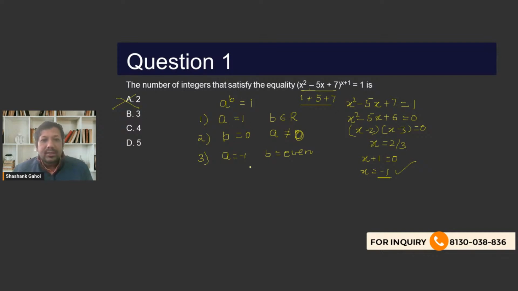Now the third one is x square minus 5x plus 7 equal to -1. So I am going to get x square minus 5x plus 8 equal to 0. Can I factorize it? Can I factorize it into 3 and 2?